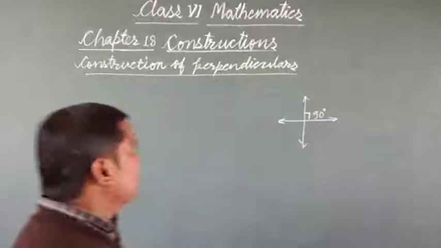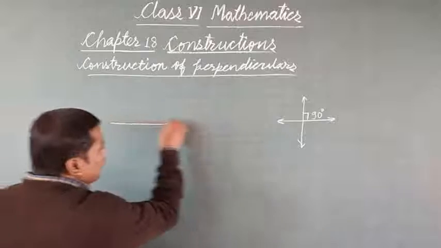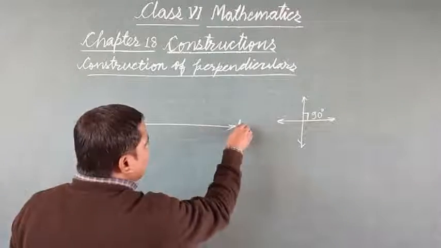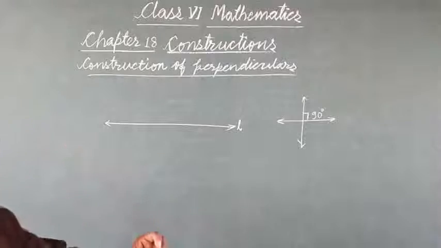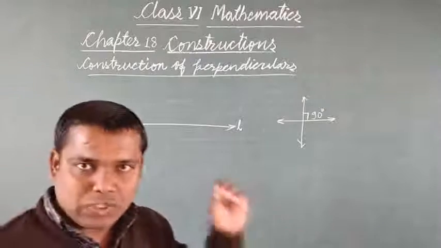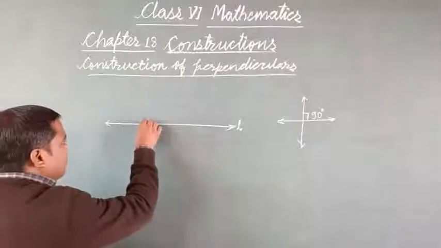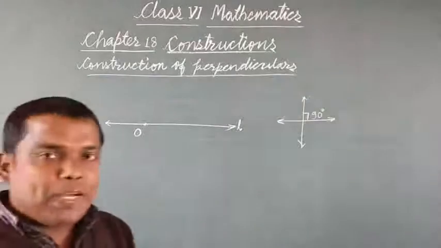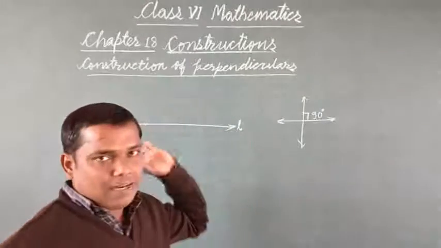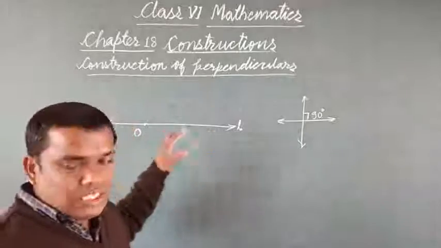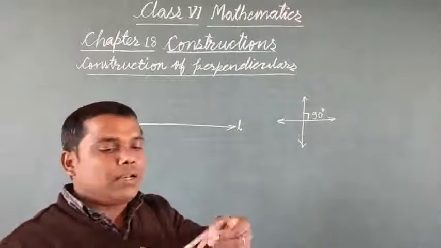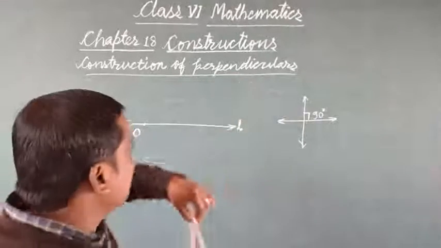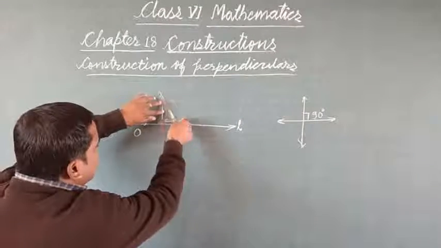So first of all, we will draw the line, say it L. Now the point on which the perpendicular has to be drawn, we will take, say, point O. On point O we have to draw a perpendicular line on line L. After drawing this, we take the set square. As you know, this angle of the set square is 90 degrees, so we will place it here.